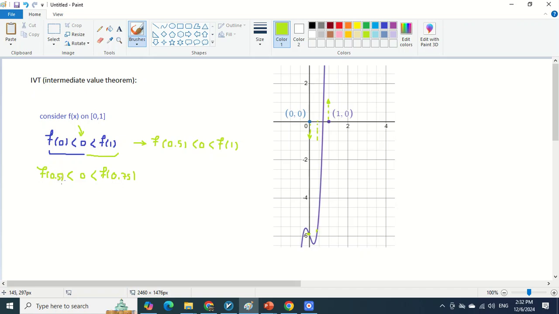This is the method by which we can restrict ourselves step by step to calculate the roots of a function. So this is one of the applications of the IVT for continuous functions.